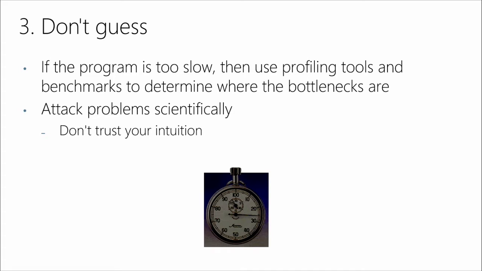But most likely, if you truly use the profiling tools, you will be very surprised to find out that your intuition is probably wrong. That's not where the bottlenecks are. So you really have to use a scientific way to attack the problem, which is using tools to measure to find out your bottlenecks. Do not guess. All right, so this is very important because, including me, I usually make this mistake as well. Okay, so your mileage is different.